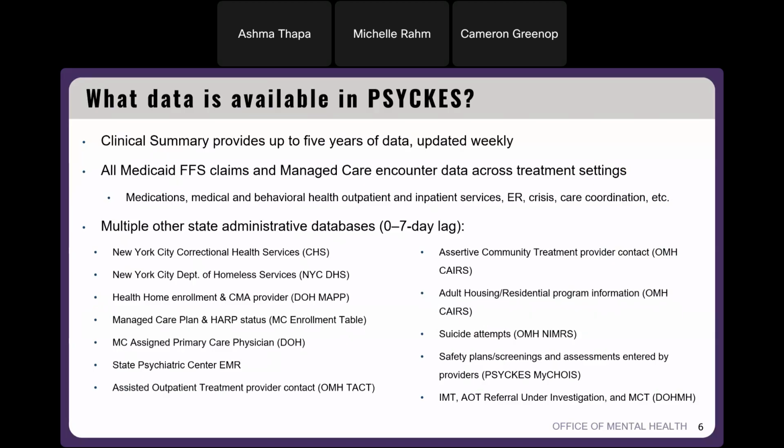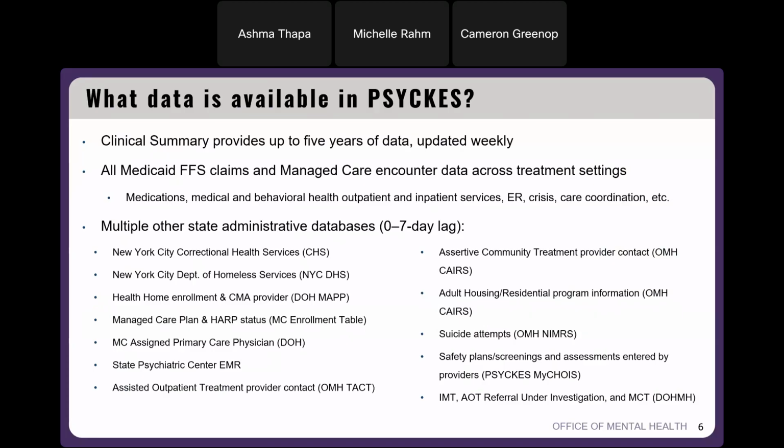And if someone has been in a state psychiatric center, we have electronic medical record data from those PCs feeding into PSYCKES as well. We also have suicide attempt information that comes from NIMERS, and that includes all available data. So if an individual has a suicide attempt on record from 15 to 20 years ago, for example, that would still appear in the application.